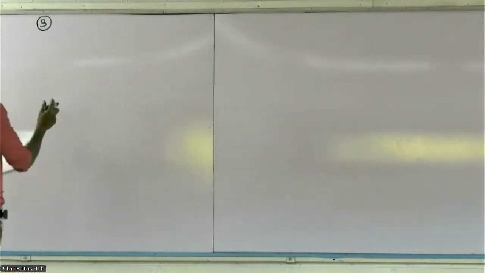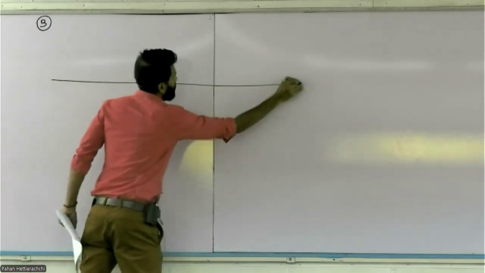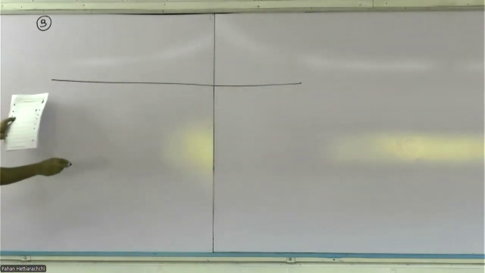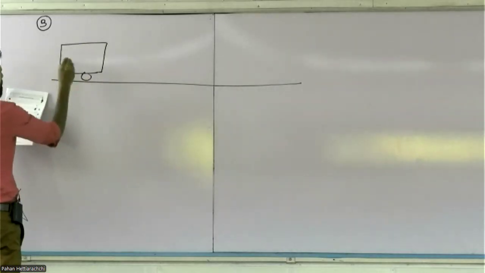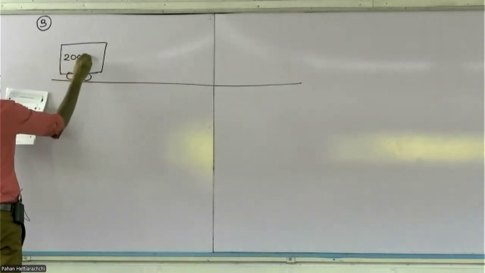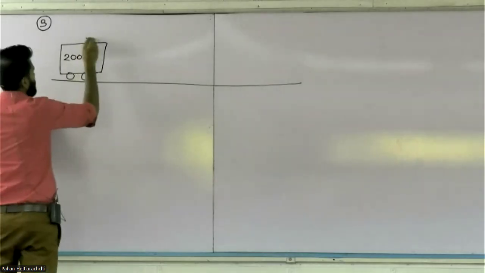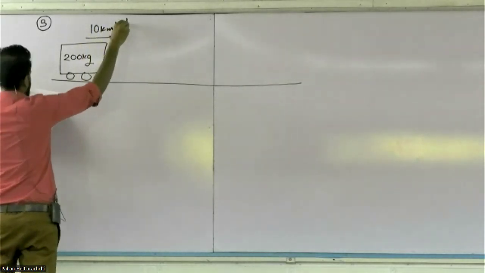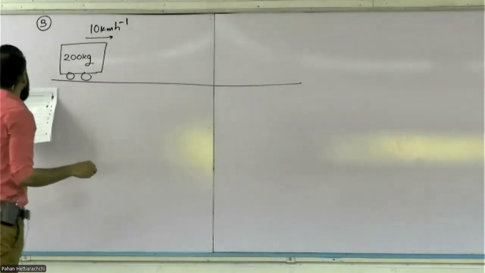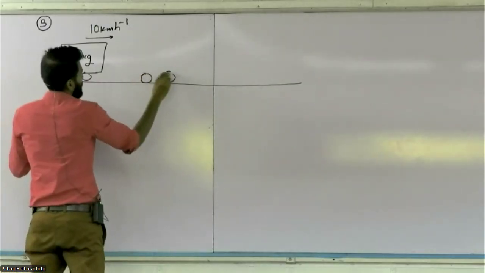Okay. The third question. On a smooth horizontal road, there's a 200 kg vehicle with a velocity of 10 kilometers per hour. It collides with the stationary 300 kg vehicle.